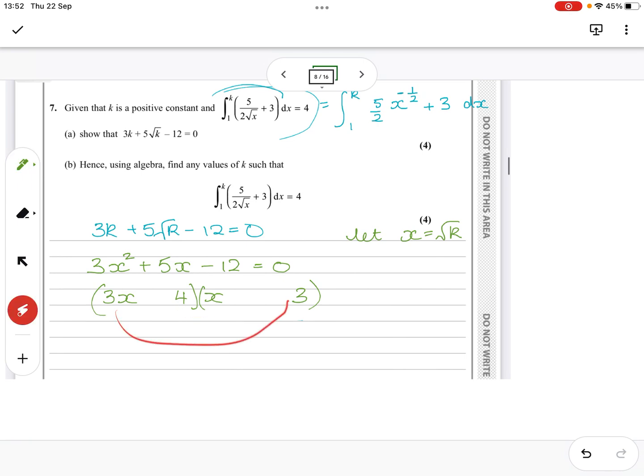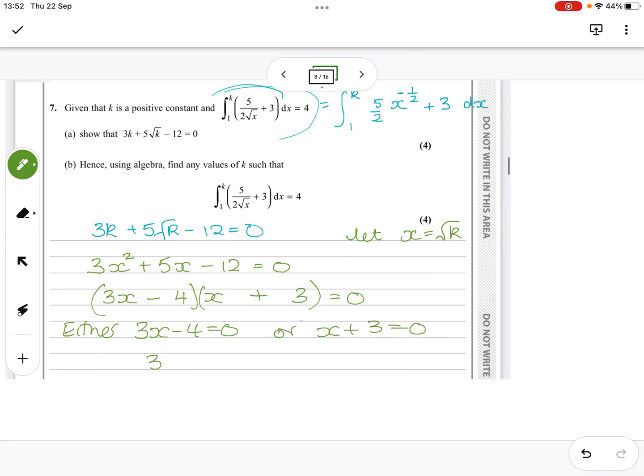And just thinking about that, I've got 9 and a 4, so that's got to be the positive, and that's negative. Just saves me thinking too fast. So then either 3x minus 4 equals 0, or x plus 3 equals 0, which means 3x equals 4, which means x equals 4 over 3, which is what I had in my calculator.